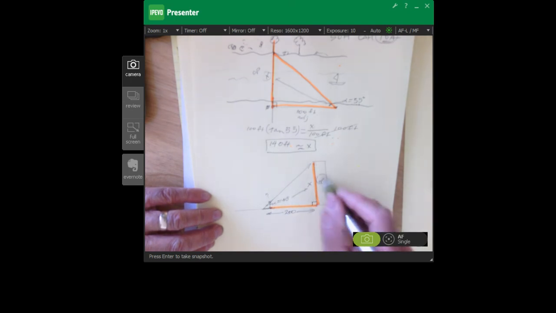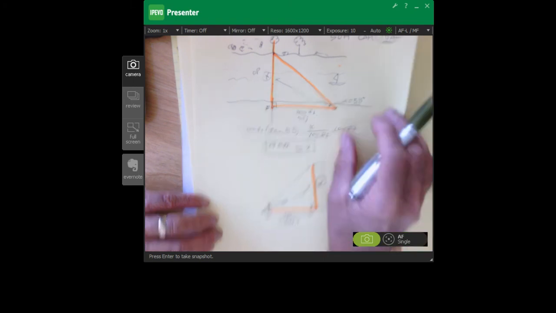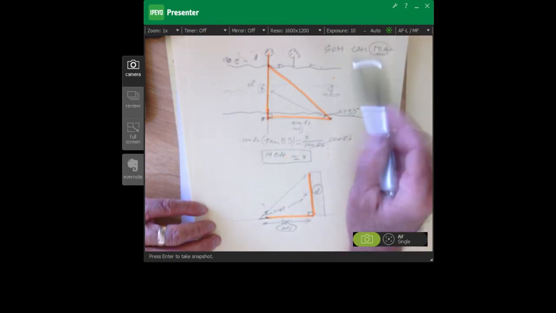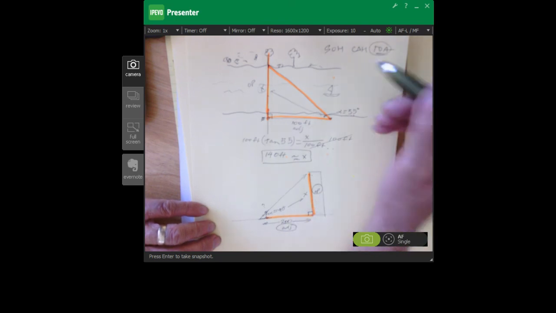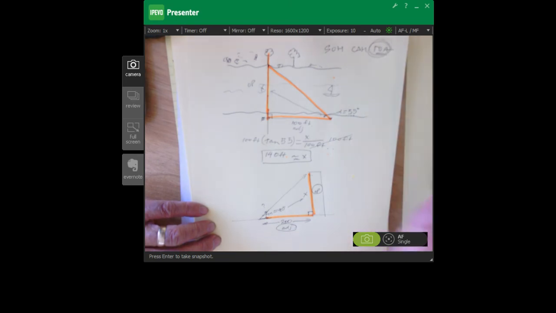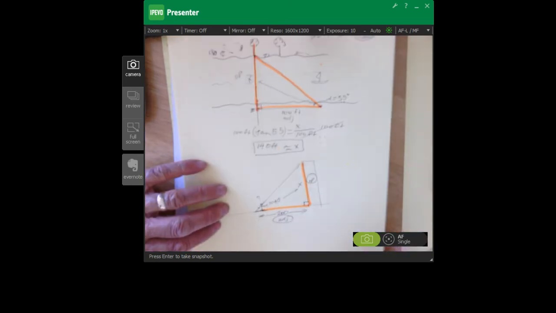There's the opposite side, the adjacent side, and we have that angle, 40 degrees. So looking at what we had above, what do we have here? Opposite and adjacent. That's tangent.